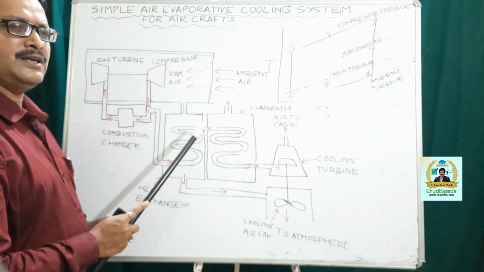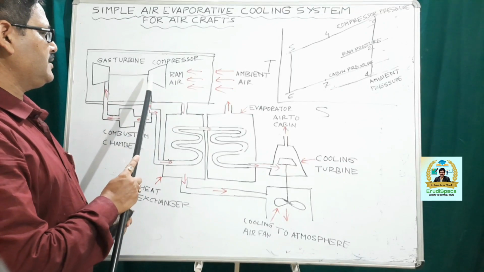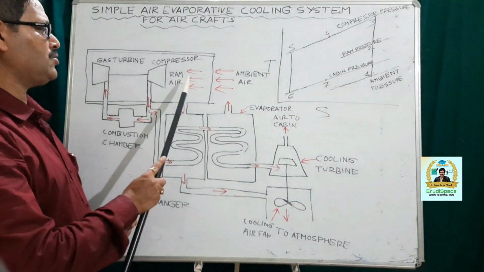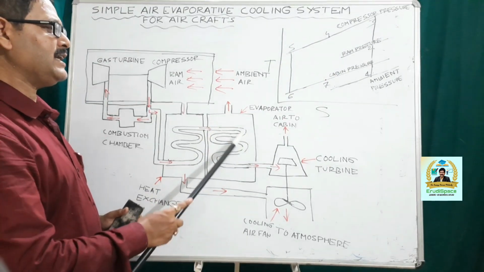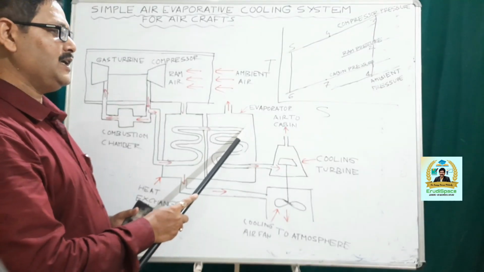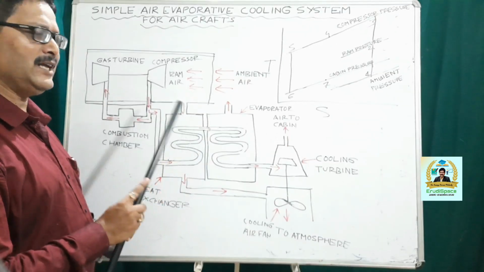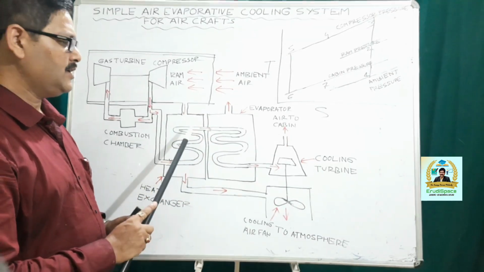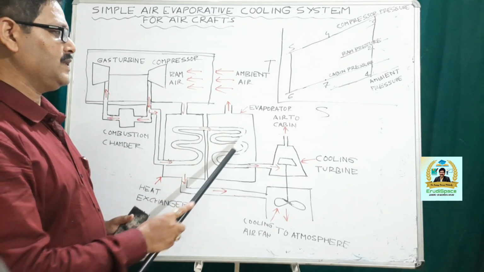As a result, heat transfer will take place from the air that is coming from the compressor to the ram air, and here the cooling takes place due to evaporation or vaporization of the low boiling point liquid. As a result, the air will be further cooled.